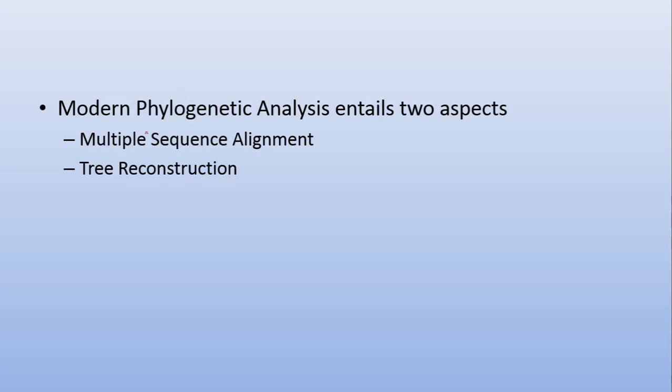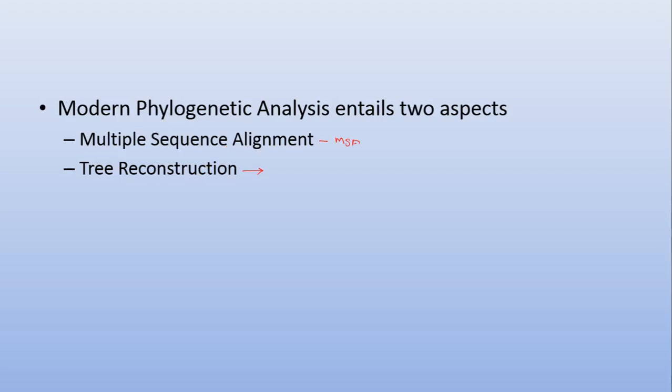Once you get hold of this multiple sequence alignment, the next thing that you are supposed to do is to use it as an input for generating a phylogenetic tree, and the process by which we generate such a tree is called tree reconstruction. So this is how usually the protocol is.